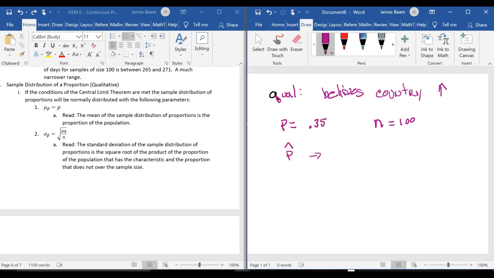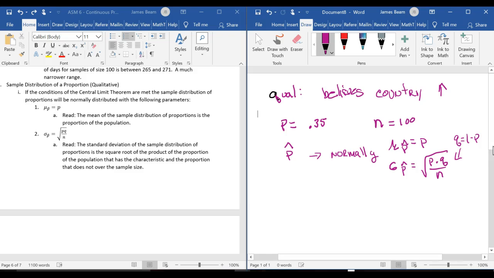This is going to be normally distributed, with the mean of the p hats equal to the actual proportion of the population, and the standard deviation of the p hats, which takes a little bit of mathing to get at, is the square root of P times Q over N. Remember that Q is equal to 1 minus P. That one is not intuitive.